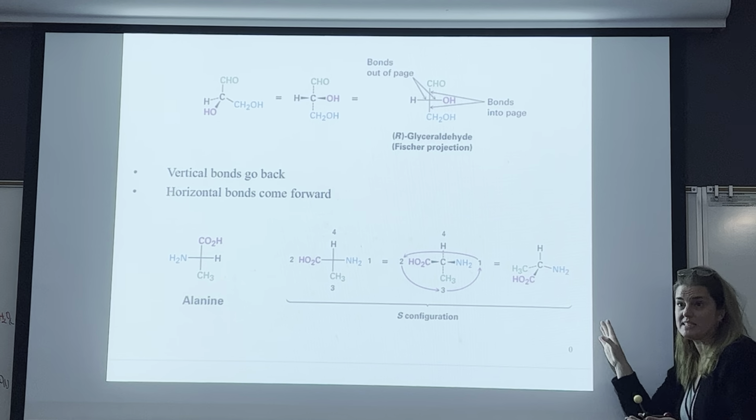So you break those bonds and you make new ones, you switch them, you're going to end up with the other enantiomer. So if you take an S and you pull these two off and you switch them, you would end up with which enantiomer? The other one. The R.